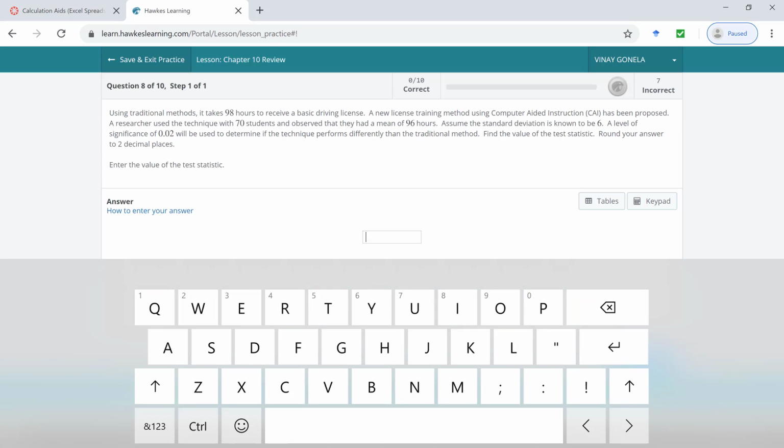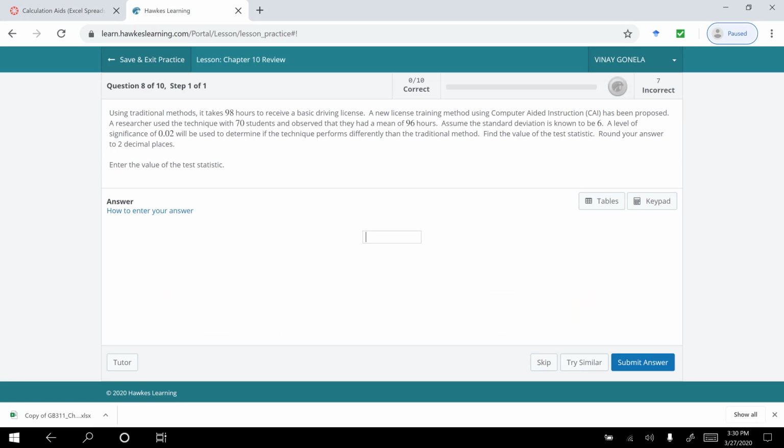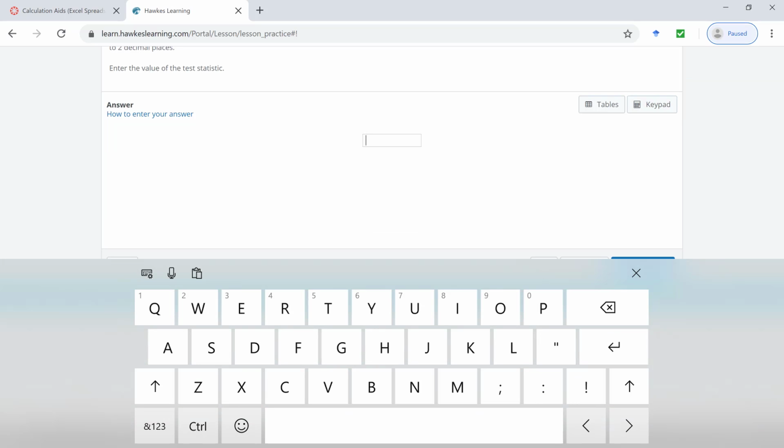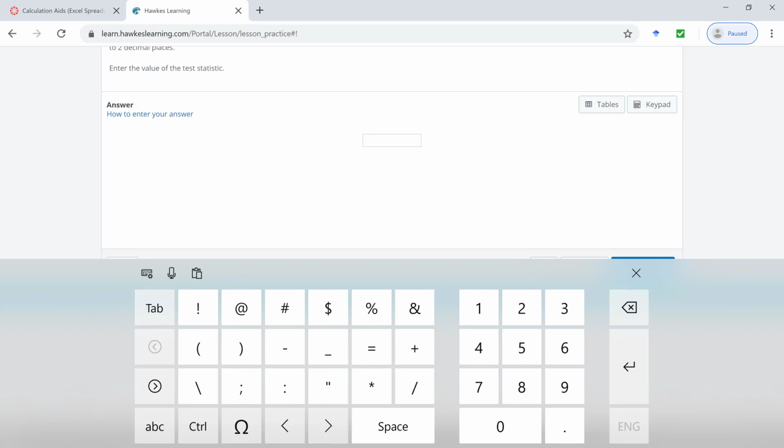Okay, so it's not taking a negative value. Okay, it's a two tail, so you just type in 2.78. Because we can disprove on both sides, it can be negative 2.78 or positive 2.78. I think that's the reason. If it is a two tail problem, it will just take 2.78.